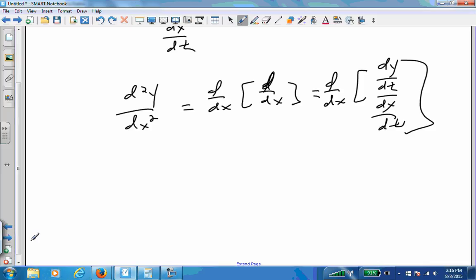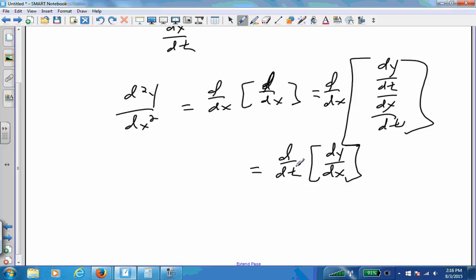Basically what we can do is take the derivative with respect to t. If you rearrange these, we're going to take the derivative with respect to t of our first derivative, and then we're going to divide that by dx dt.